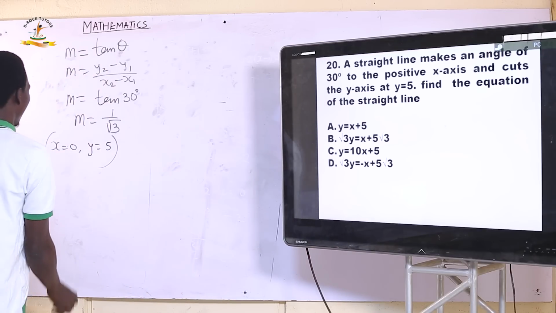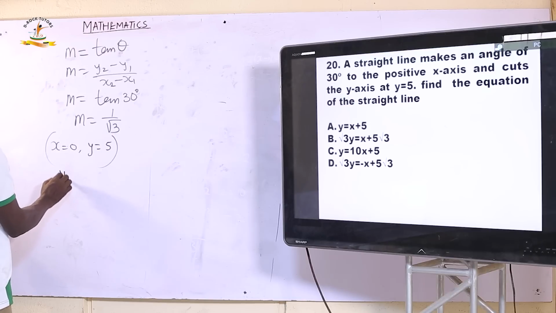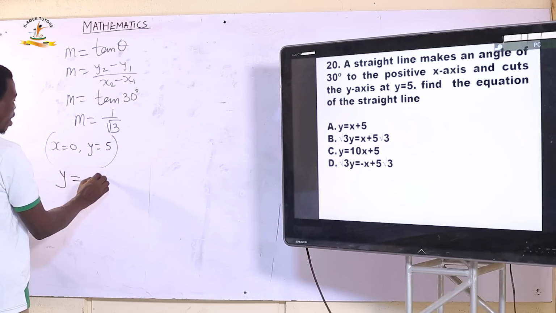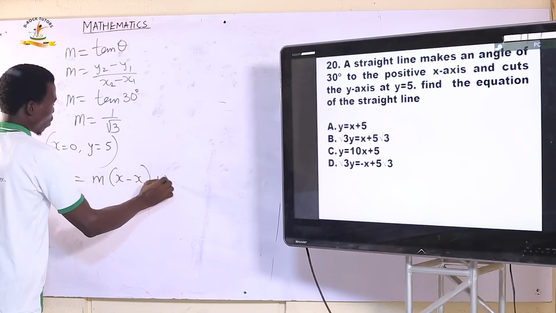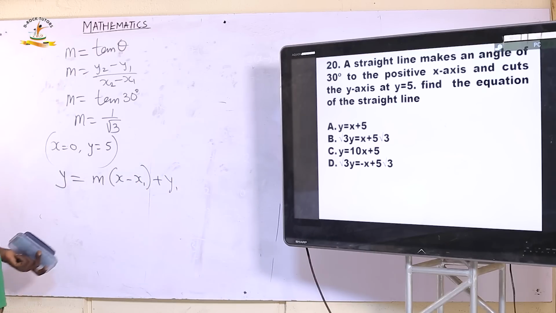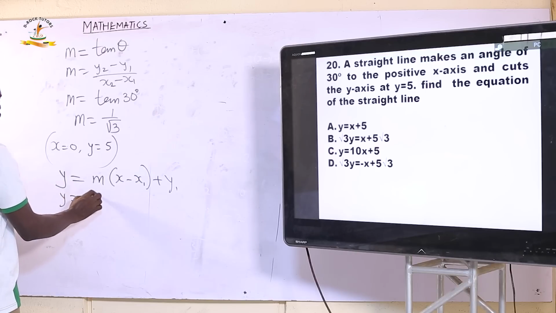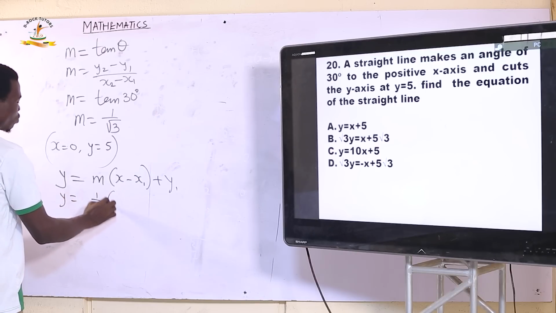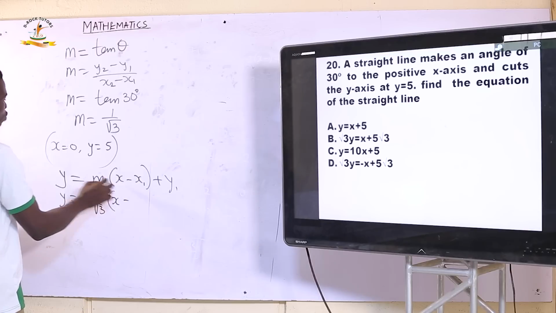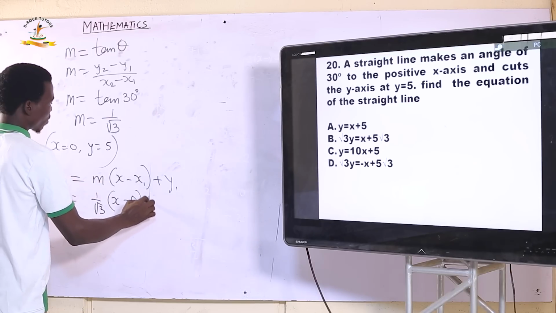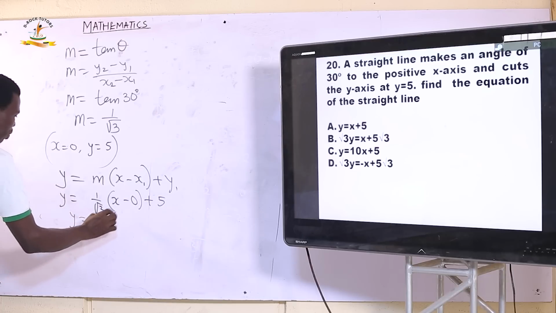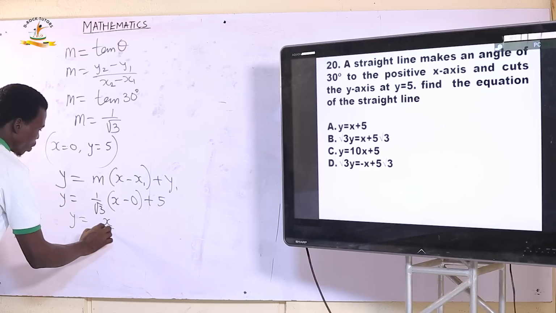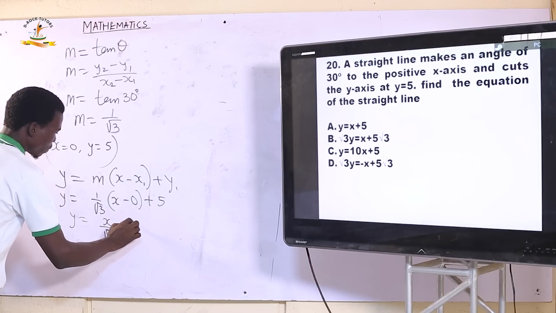And with this, I can remember that my equation of the straight line is y equals m into x minus x1 plus y1. With this, we can put in our values. My y equals my slope 1 by root 3 into brackets x minus 0, plus 5. And with this, I can have y equals x over root 3 plus 5.